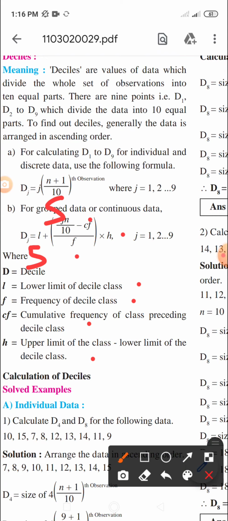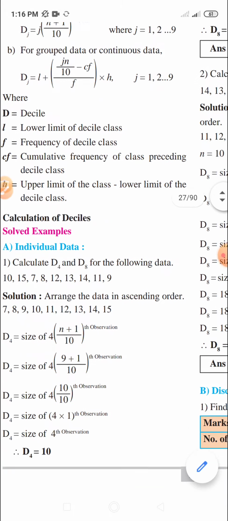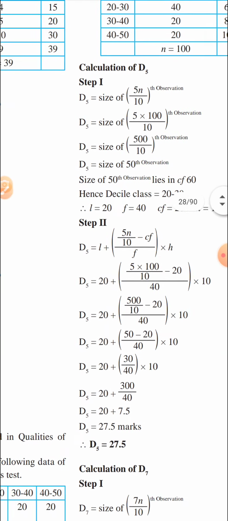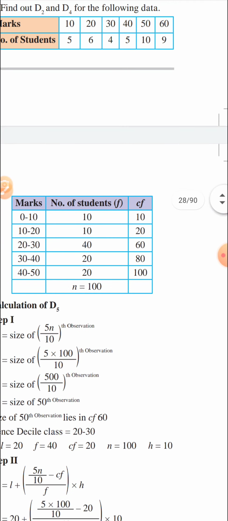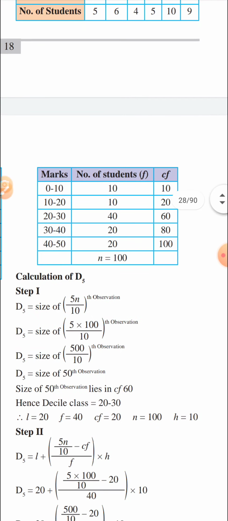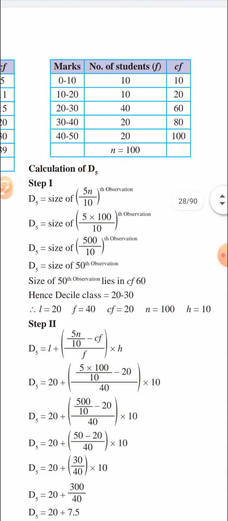This is our formula for calculation of D5.